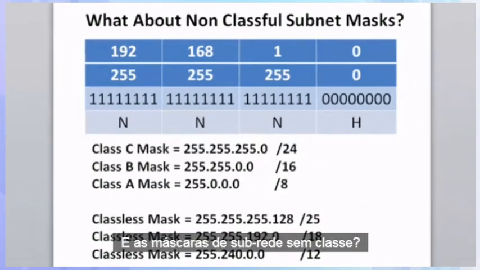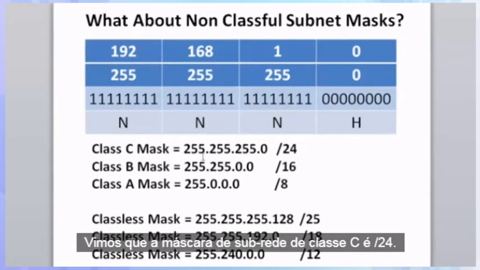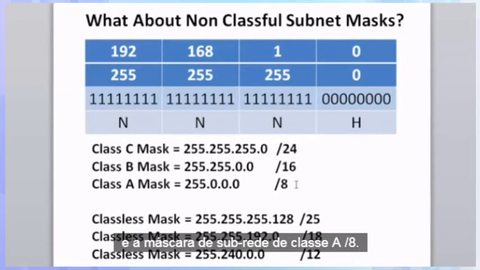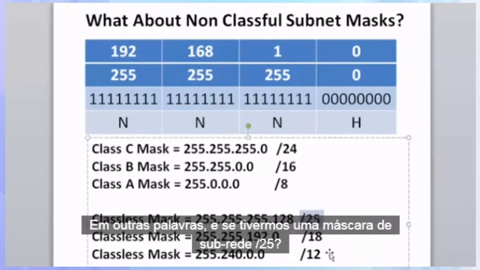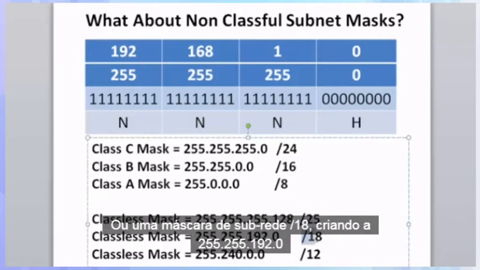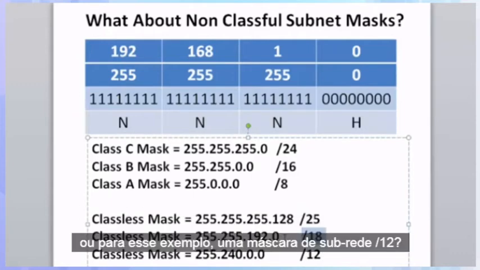What about non-classful subnet masks? We've seen that the Class C subnet mask is /24. We've seen the Class B subnet mask /16 and the Class A subnet mask /8. But what if we use classless masks? In other words, what if we have a /25 subnet mask or a /18 subnet mask, creating a 255.255.192.0 subnet mask?